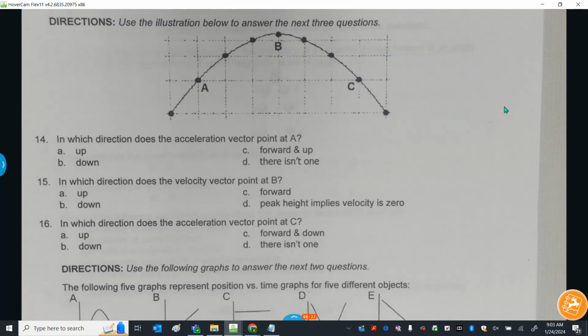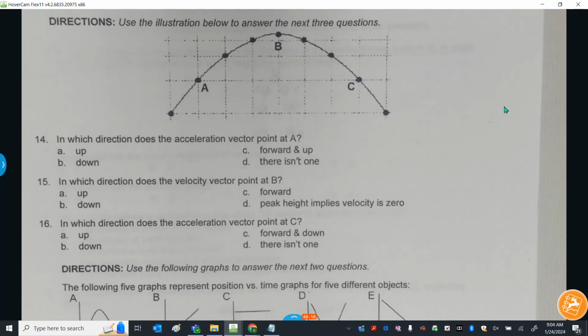The only force acting on a projectile is gravity. Therefore, your acceleration will be in the same direction as that net force. It's down at point A. It's still down at point B. It's still down at point C, which, by the way, is number 16. So both number 14 and number 16 should be B down, because acceleration is the same everywhere.